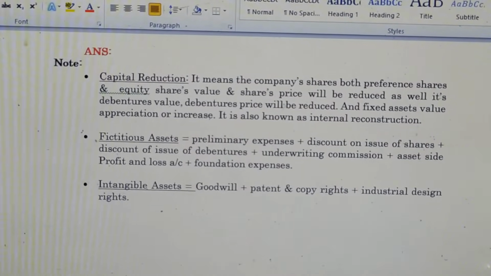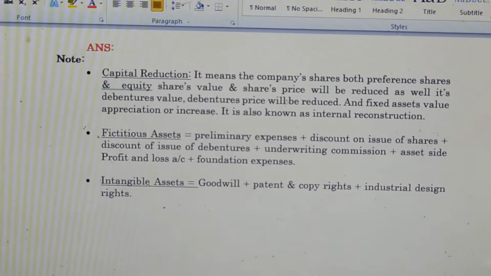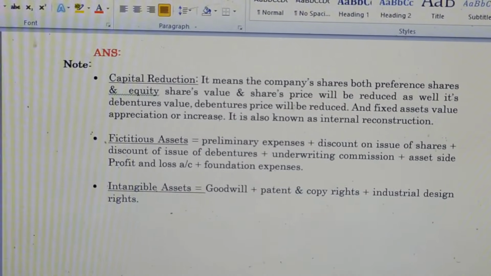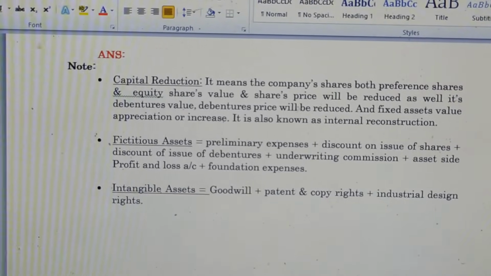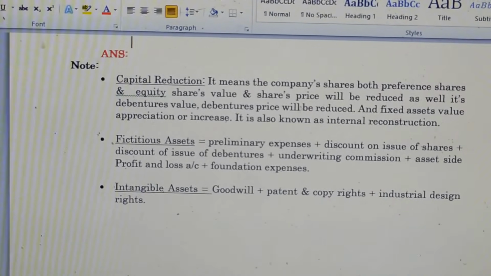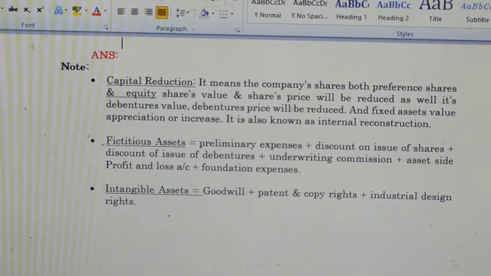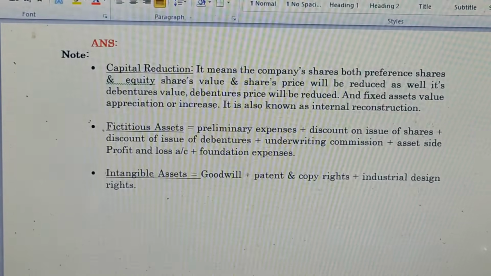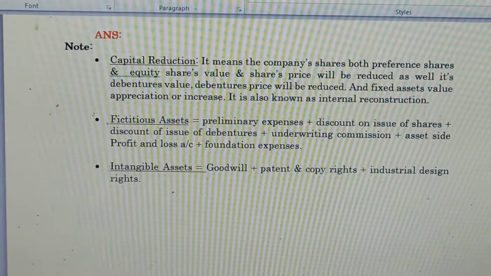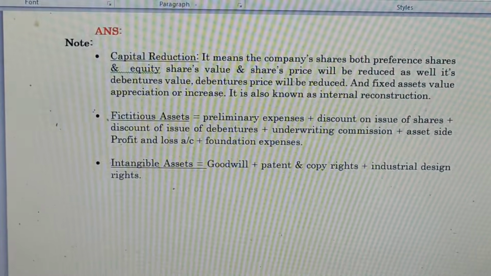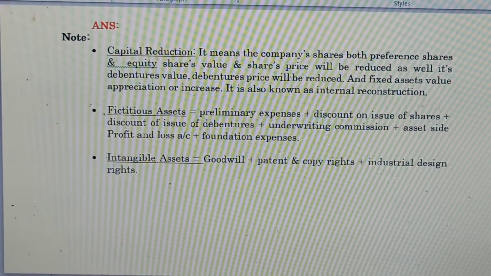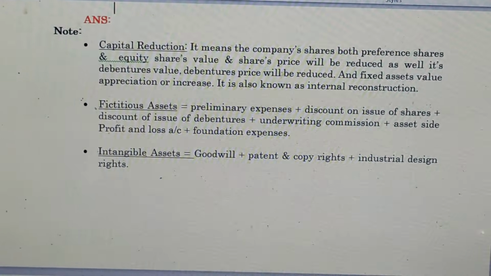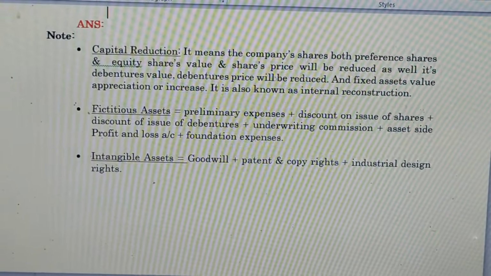Based on this information, we are going to find out the capital reduction value and share capital value. Then we are going to find out the new and adjusted balance sheet. Before going to find the answer, we should know these things. Look at the notes. The first one is capital reduction.